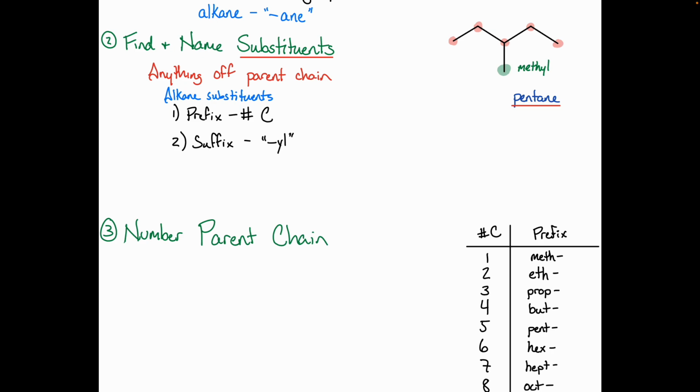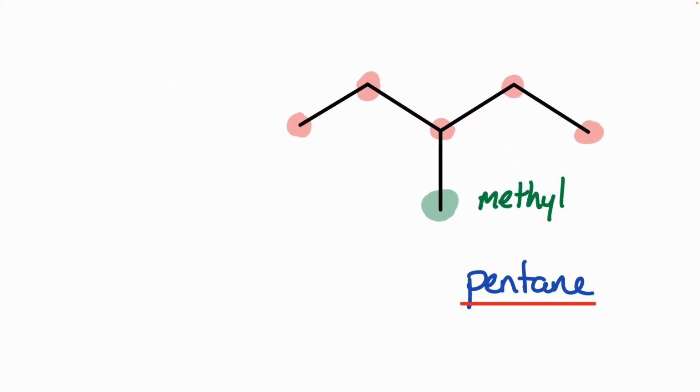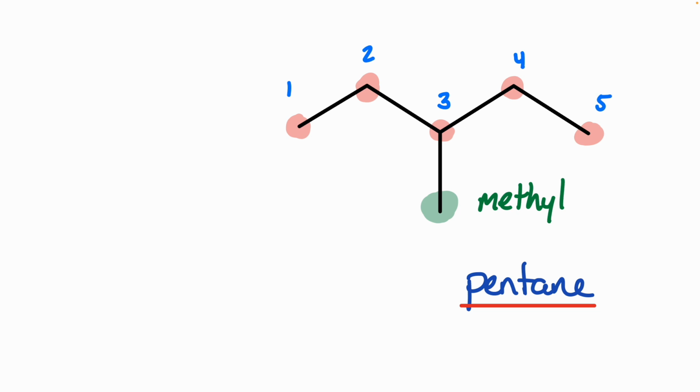We do this by putting down what we call locants. We're going to number our parent chain. All right. So 1, 2, 3, 4, 5. So my methyl group is located on carbon 3. So this would be 3-methylpentane. Okay, you run it all together, all one word.